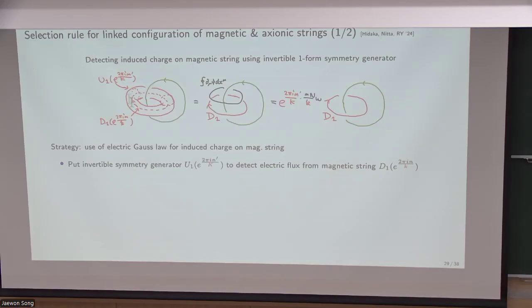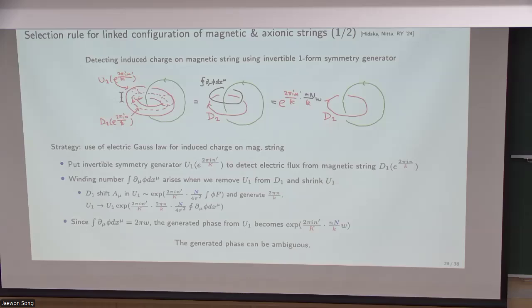To detect the electric charge or the electric flux from the magnetic string, we put an invertible symmetry generator, this toroidal one, to detect the electric flux from the magnetic string. This dotted line is the magnetic string, and this toroidal one is the invertible one-form symmetry generator.